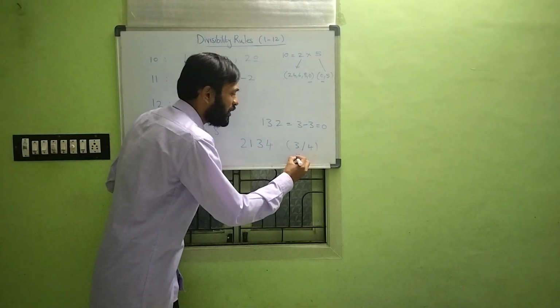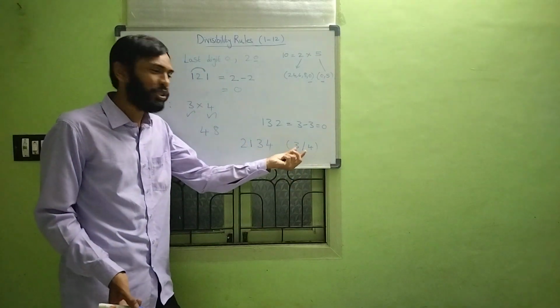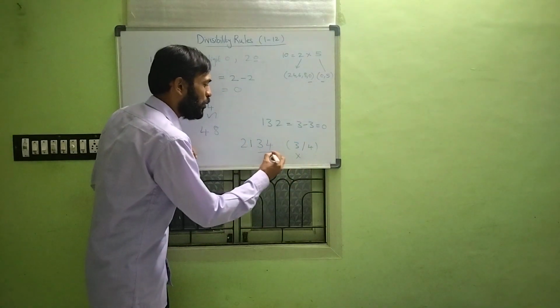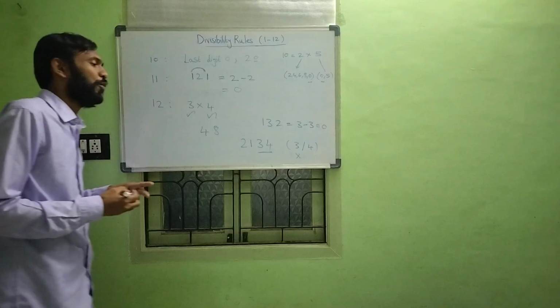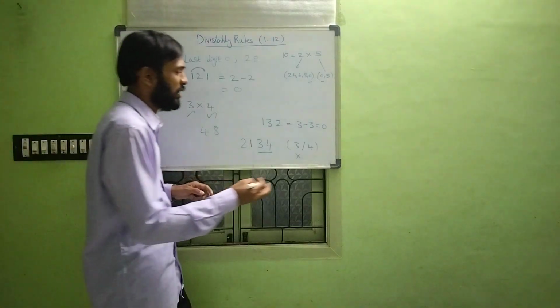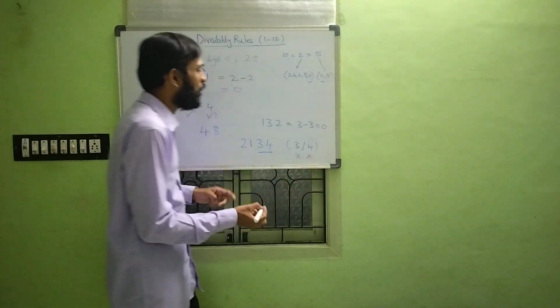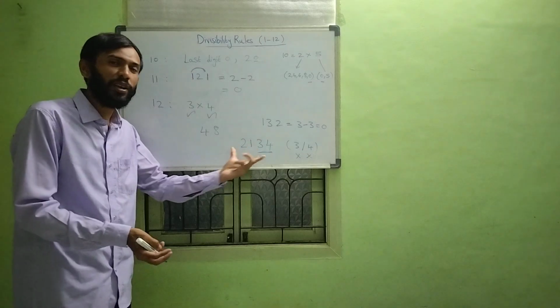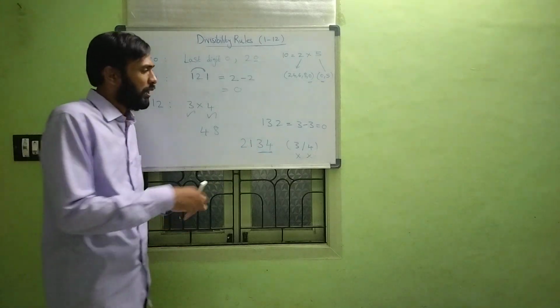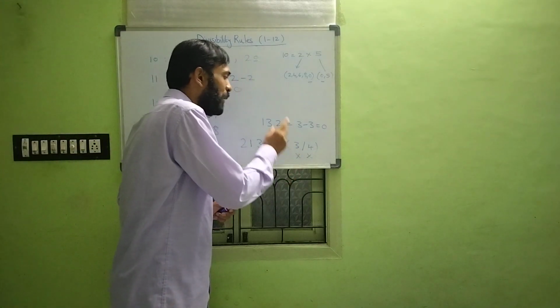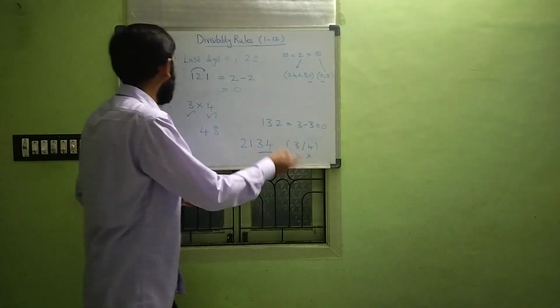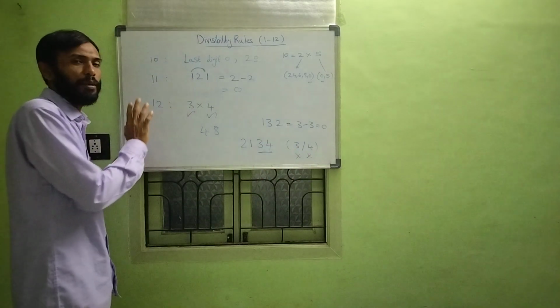So obviously it is not divisible by 3. So no need to check for 4. Still I want to show 34 is not in the 4 table. 4 eights are 32, 4 nines are 36. Therefore it is not divisible by 4. Finally you can say the number is not divisible by 12. It should be divisible by both 3 and 4, then only it is divisible by 12.